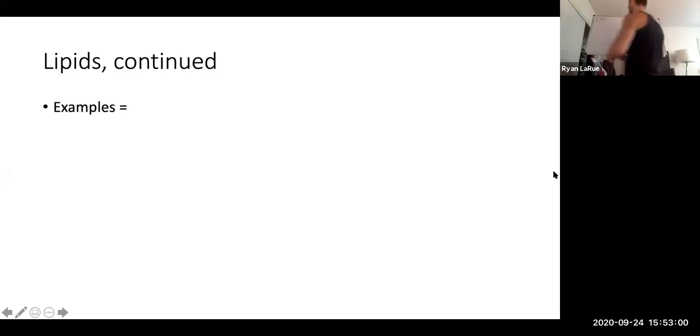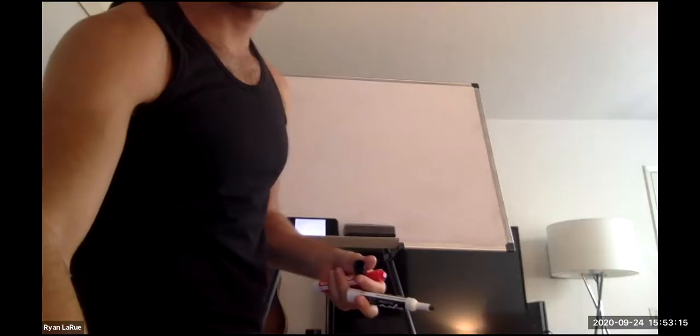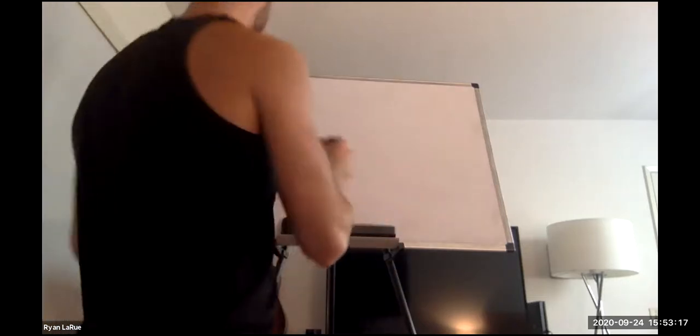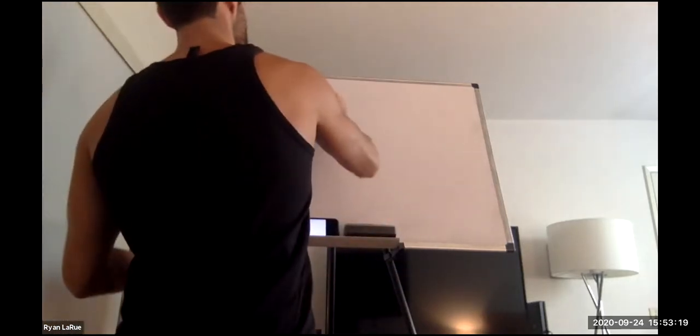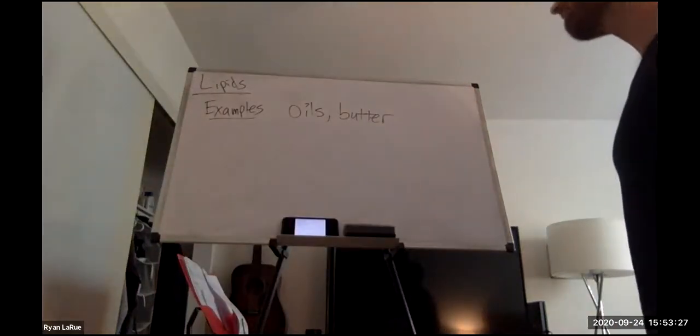Examples. Well, we talked about a few already, right? Just with oils and butter. Oils, butter. Some examples of triglyceride lipids.